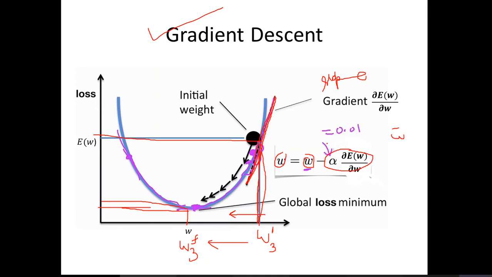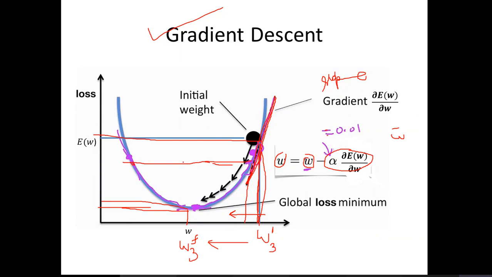If you keep the value of alpha as small as possible, like 0.01, then you take the gradient or slope, multiply that and subtract from the original weight, you get the new weight. And definitely the new weight will move this way. Just now I have proved that the weight will move to the left, because this is going to be a negative value only. Alpha is positive, the slope is positive. And hence the error will be decreased.